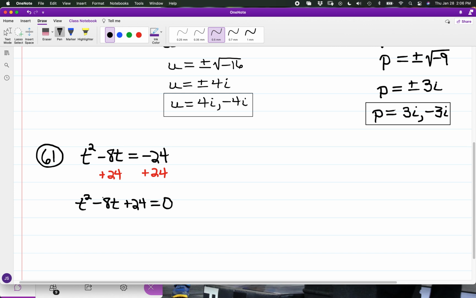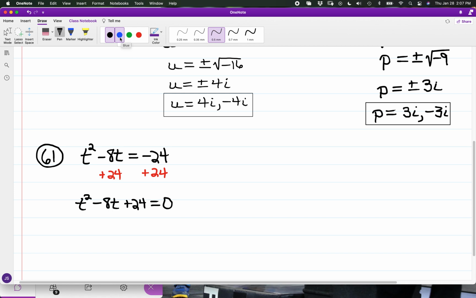Then you might try negative 12 and negative 2. They multiply out to 24, but they add up to negative 14. Then the next possible combination would be negative 8 and negative 3. Those add up to negative 11. And you have negative 6 and negative 4. However, those add up to negative 10. But there's no combination that will add up to negative 8.